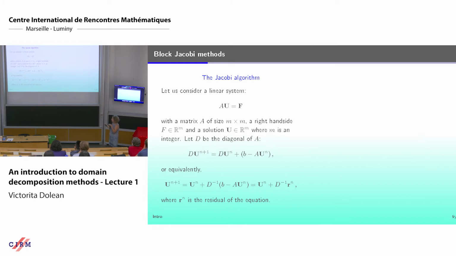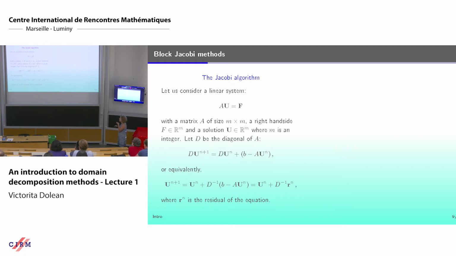So I go back to something that you see in the third year lectures, numerical analysis, the Jacobi algorithm, and then you'll see the link between the Jacobi algorithm and the Schwartz algorithm. So, what is the Jacobi algorithm? Again, you want to solve a linear system, you have a matrix, a right-hand side, and the solution is denoted by U. For the Jacobi algorithm, you just take the diagonal part of A, and you create a splitting, you just keep the diagonal part of A, and you define an iterative method.